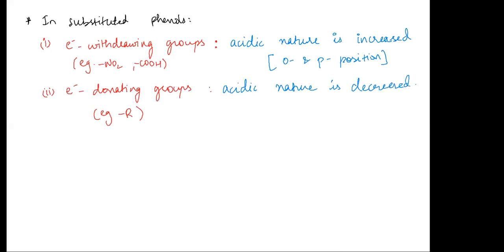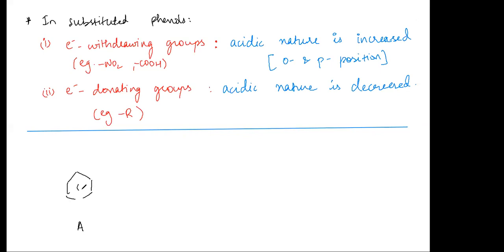Okay. I'll give you guys one exercise. Let's do one question right now. I'll give you 3-4 compounds and you give me the increasing order of acidic nature. So compound A is simple phenol. Then I've got paranitrophenol.